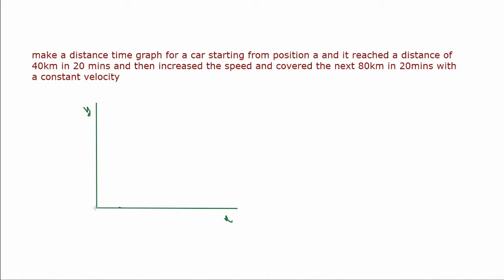So the car starts from this position and it reaches a distance of 40 kilometers in 20 minutes. I'm going to mark these two values. This is the time scale that is equal to 20 minutes. This is the distance scale that is equal to 40 kilometers.